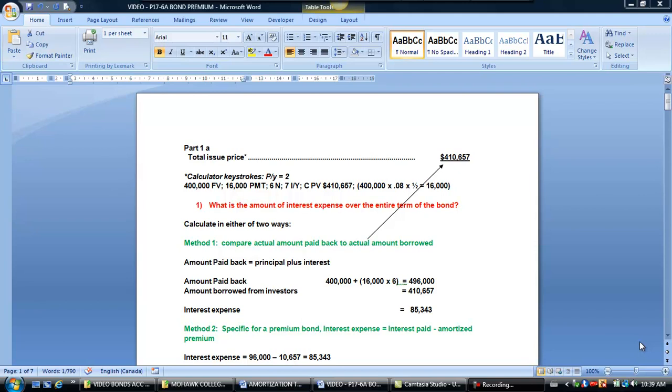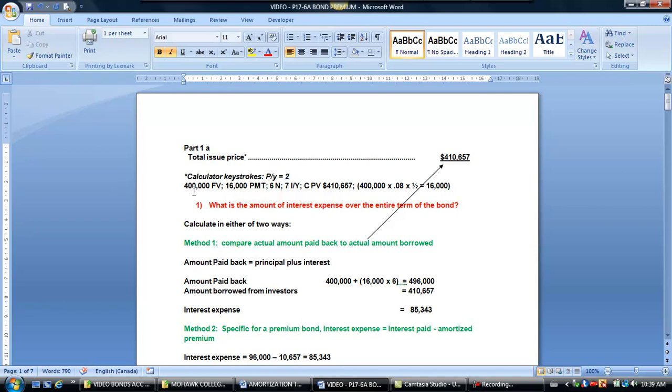So let's begin this by calculating the present value, or the amount of cash that the investors would give us at the issue date, which is March the 1st. So now what I've done here, using the calculator, I've set my P/Y to 2 because there's 2 payment periods a year. I've put in there $400,000 as my future value.